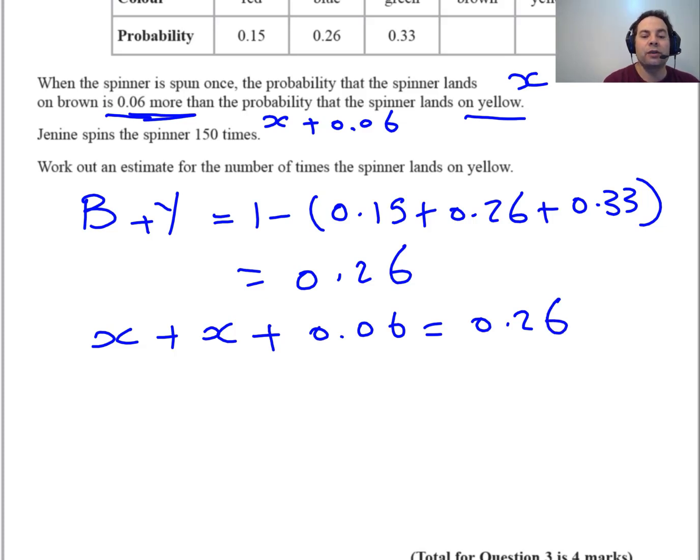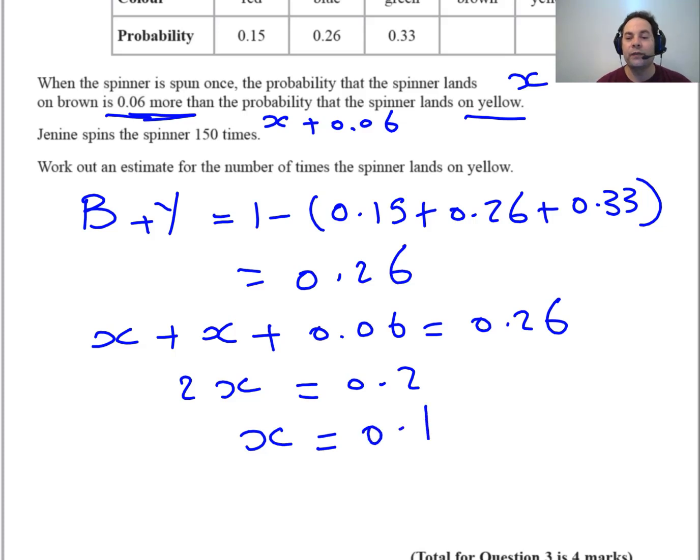Now it's simple to solve this equation. X plus X is 2X, by subtracting 0.06 from both sides. So the answer is 0.2. So X is equal to, by dividing 0.2 divided by 2, is 0.1. X here represents the yellow.